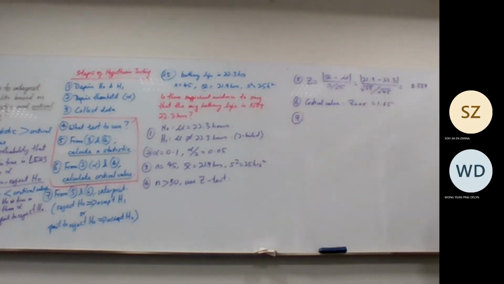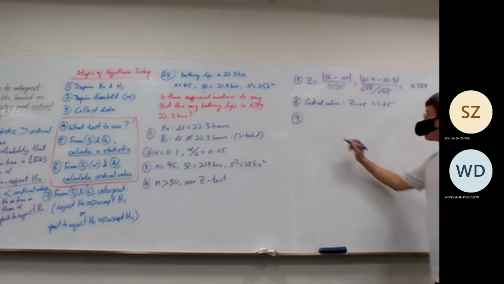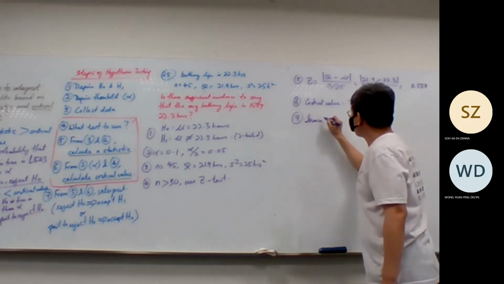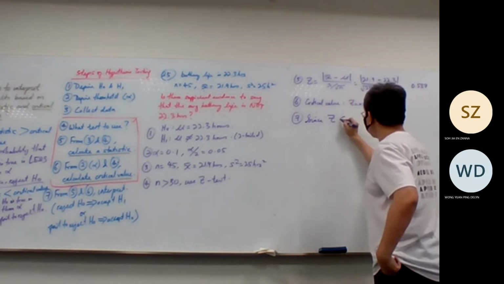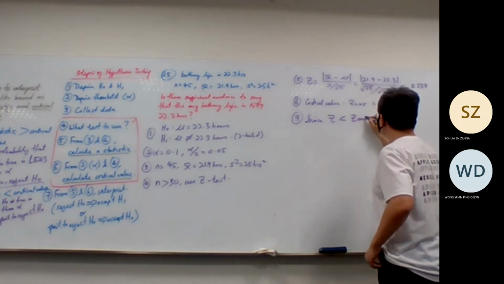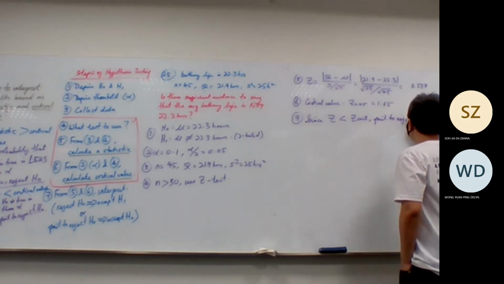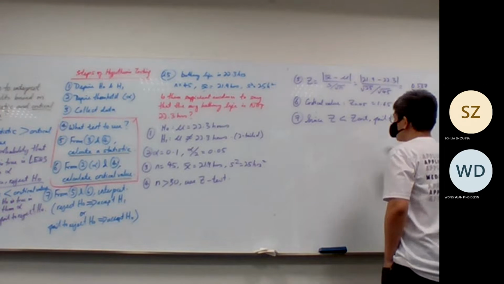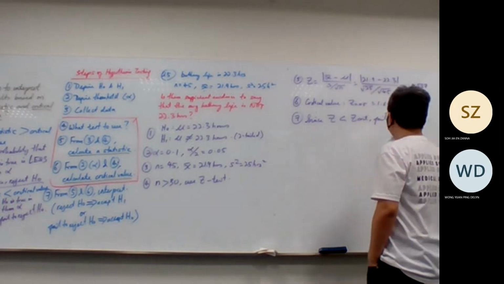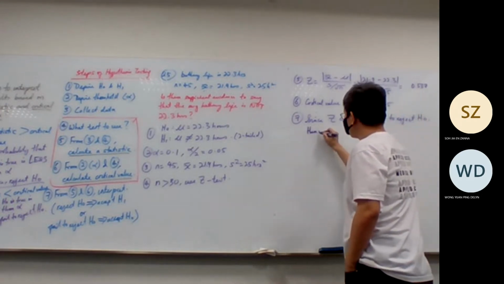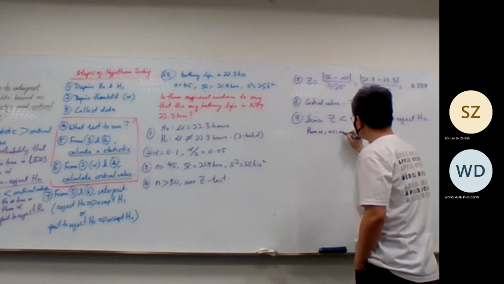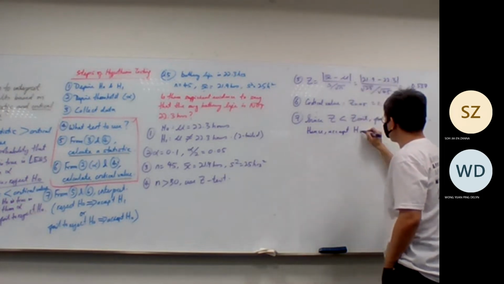Accept or reject the null hypothesis. Since the Z is less than the Z critical, you do not reject the null hypothesis, so you accept the null hypothesis.